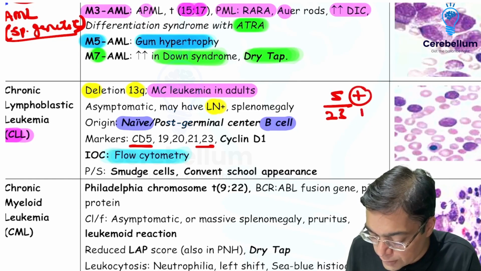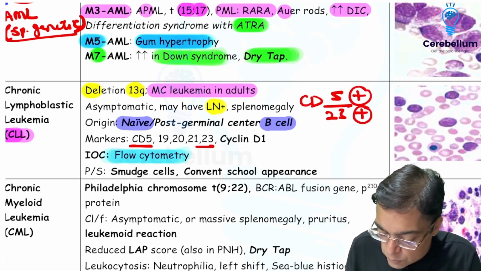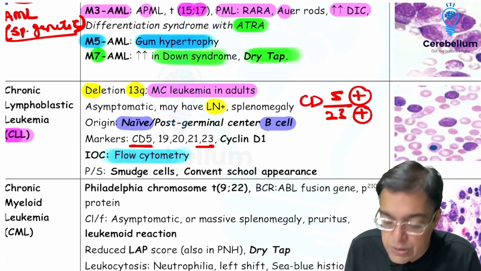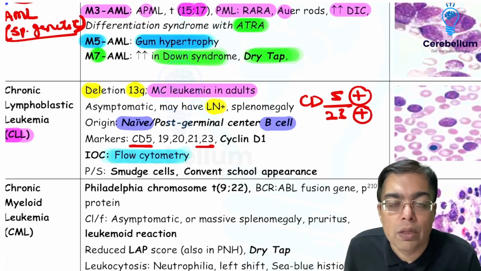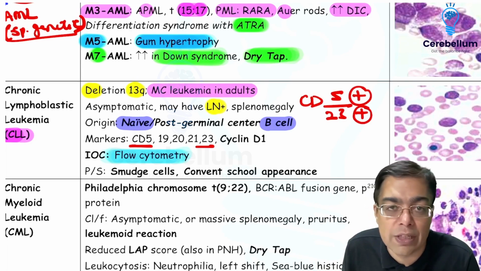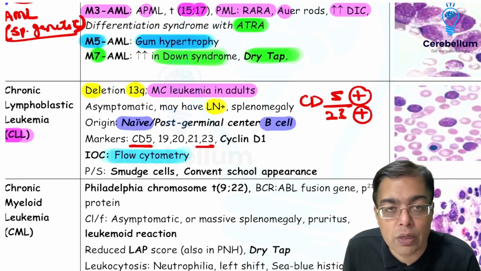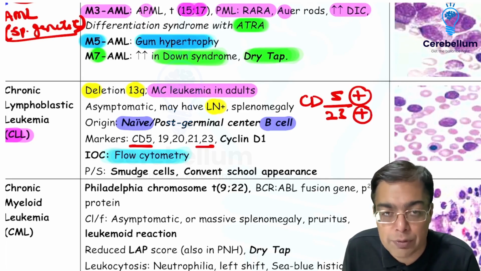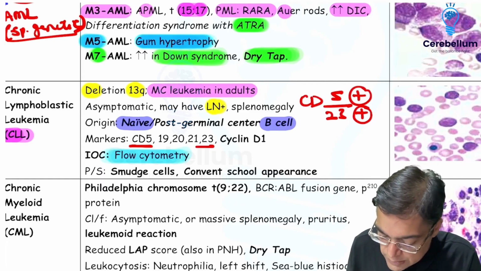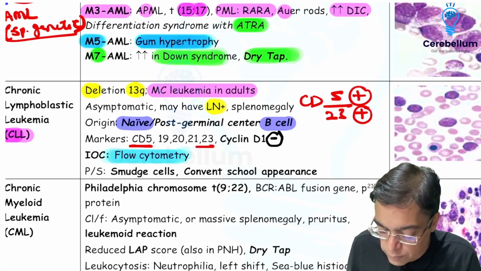CD5 and CD23 are the markers by which we are able to pick up a patient who's going to be suffering from CLL. This is also an example of a cancer, please remember, which is to be differentiated from a cancer like mantle cell lymphoma. In case of mantle cell lymphoma, you are having CD5 positivity but CD23 negativity. But over here in this kind of a cancer, what you are having is CD5 and CD23 positivity. What I can add over here is that cyclin D1 is going to be less commonly expressed in case of this kind of a cancer.